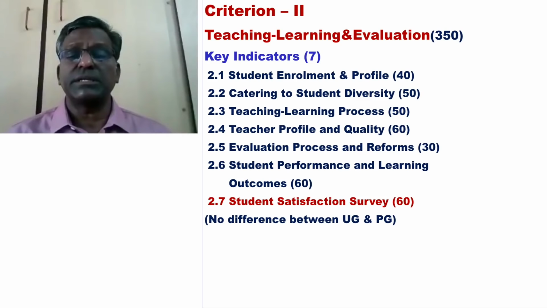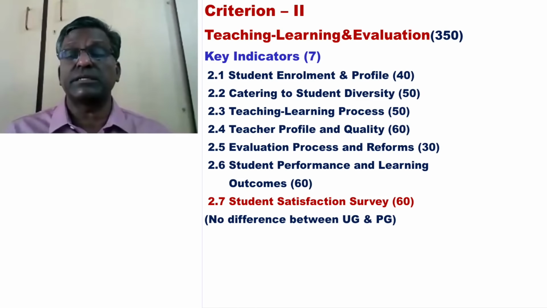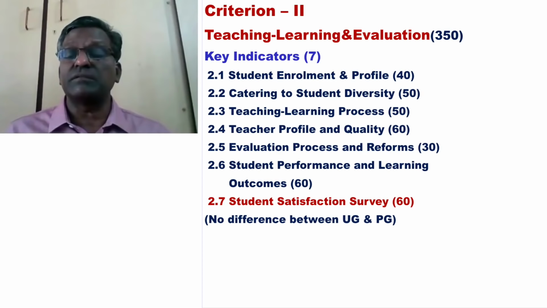Now, the second criterion is the most important criterion with reference to affiliated and constituent colleges, not universities. And the reason is obvious. It carries 350 marks. I repeat, in the case of affiliated and constituent colleges, both UG and PG, the second criterion, namely teaching, learning, and evaluation, is the most significant criterion for a very simple reason.